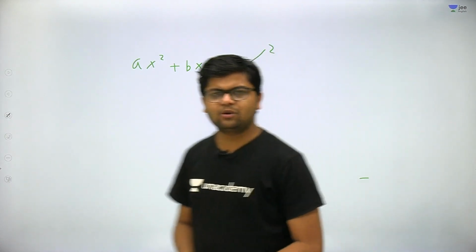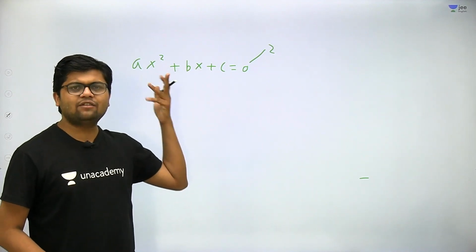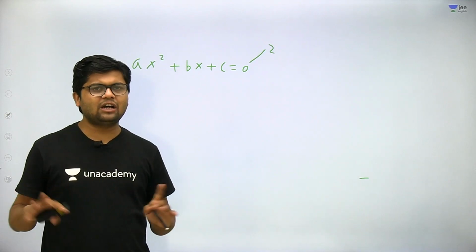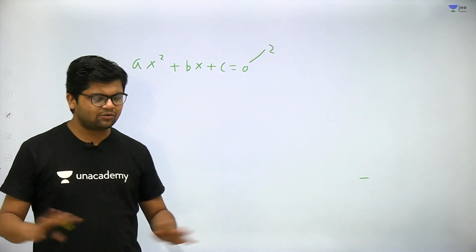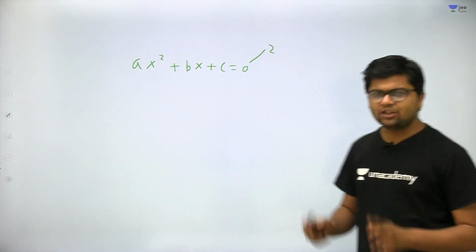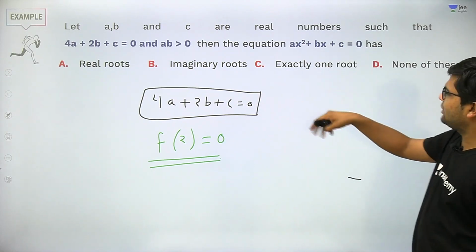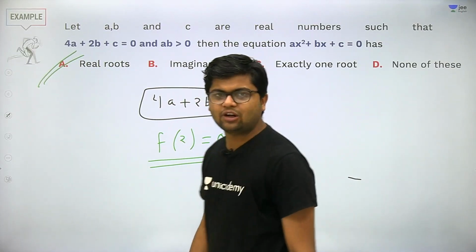Because a quadratic cannot have just one root; if a quadratic has one root, for sure it will have two roots. Whether they will be distinct or equal is a matter of a different idea. We do not know about that, but this equation will surely have two roots. So among real roots, imaginary roots, exactly one root, the answer will be A.